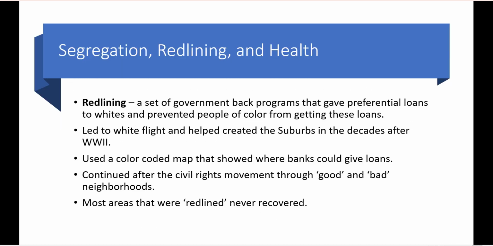And a lot of these issues around segregation and suburbs and exurbs has to do with what is called redlining, which was a set of government-backed programs that gave preferential loans to whites and prevented people of color from getting these loans.